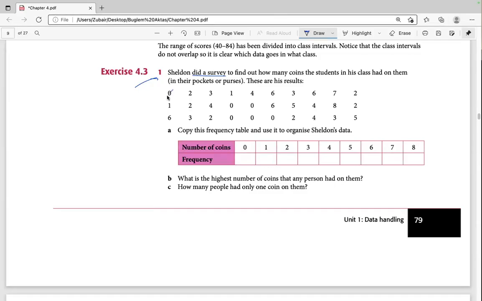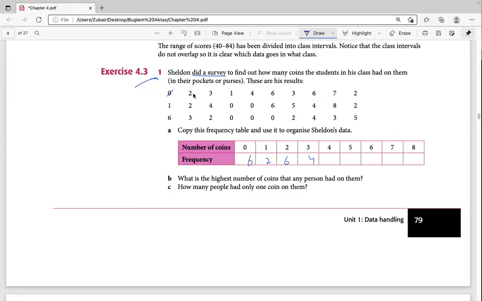So zeros. 1, 2, 3, 4, 5, 6. Ones, 2 only. Twos. 1, 2, 3, 4, 5, 6. Threes. 1, 2, 3, 4.